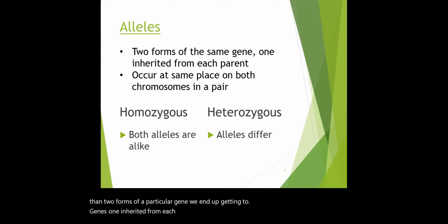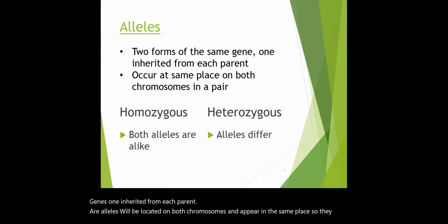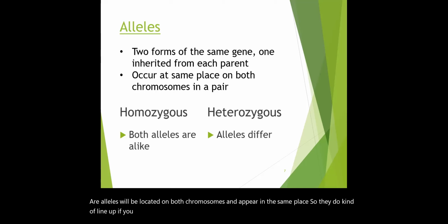Our alleles will be located on both chromosomes in a pair in the same place. So they do kind of line up, if you will. Our alleles can be homozygous, meaning that both are alike, or they can be heterozygous, meaning that the alleles differ.